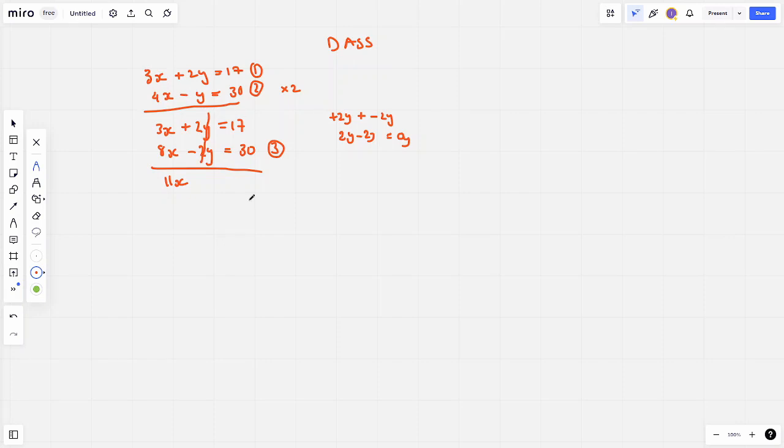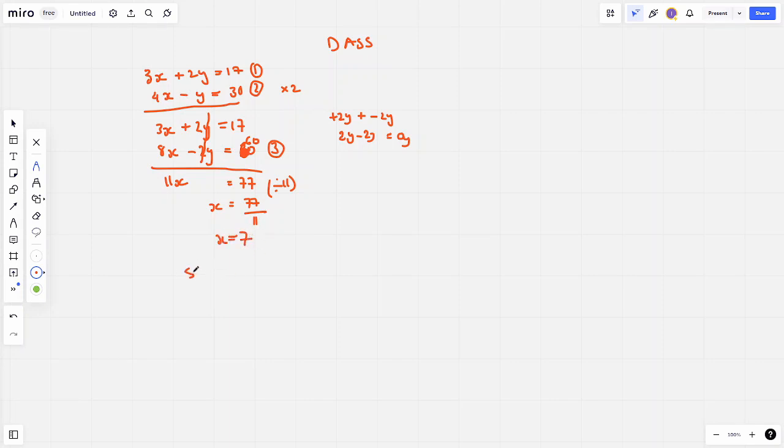So that cancels through, leaving us 11x equals, this should be a 60. Let me just rewrite that as 30 times 2 is 60. That should equal 77. So isolating x, we can do this by dividing both sides by 11, which is 77 divided by 11, x is equal to 7.